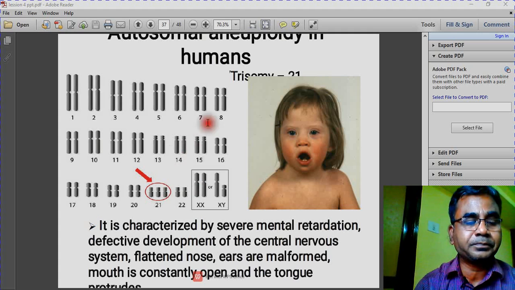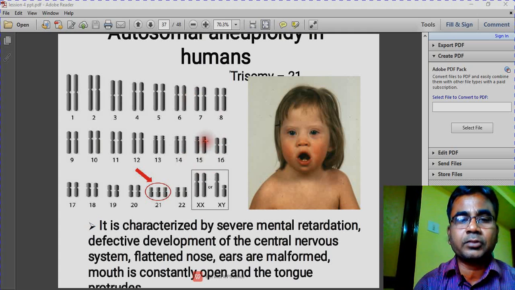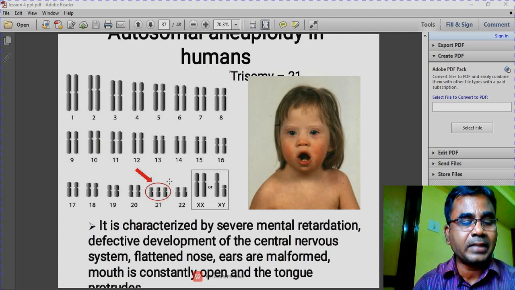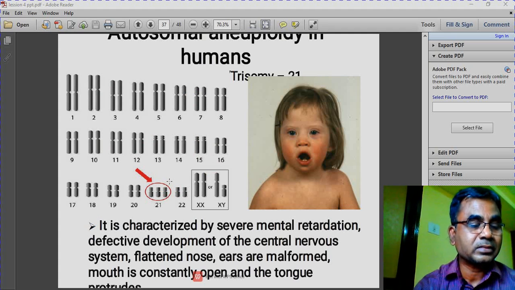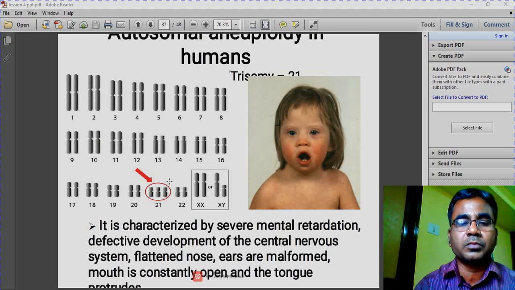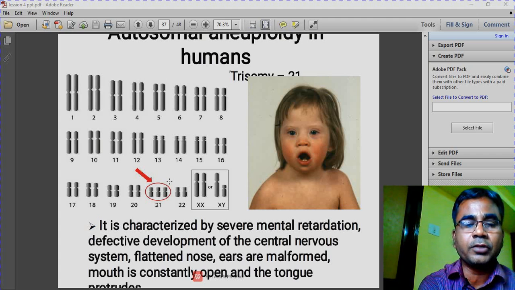Due to the failure of chromatids to segregate, one chromosome is added to the karyotyping, otherwise one chromosome is deleted from the karyotyping. So that is aneuploidy. Okay, what is aneuploidy? Failure of chromatids to segregate during cell division that results in the gain or loss of one or more chromosomes.